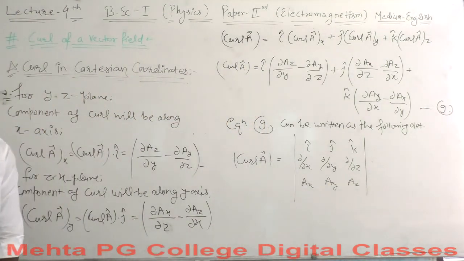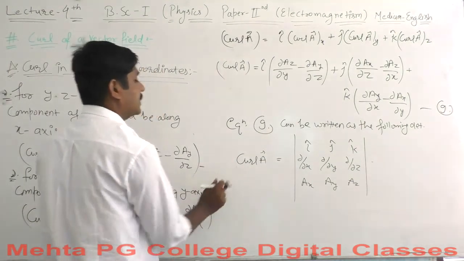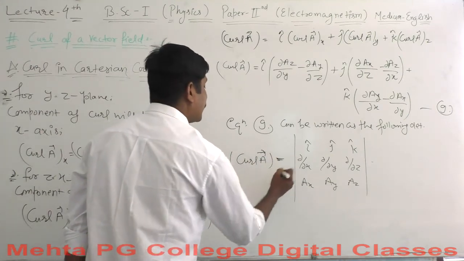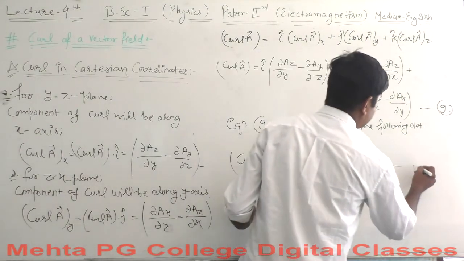You see, this is the curl of A. The magnitude is not needed here. So the curl of A can be represented as a determinant for equation 10.